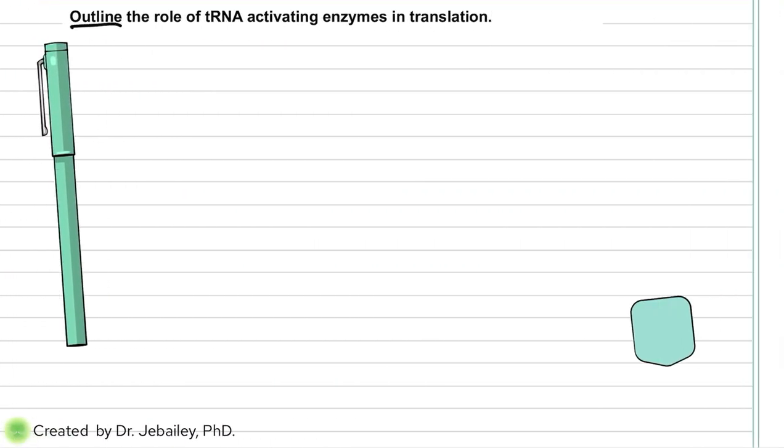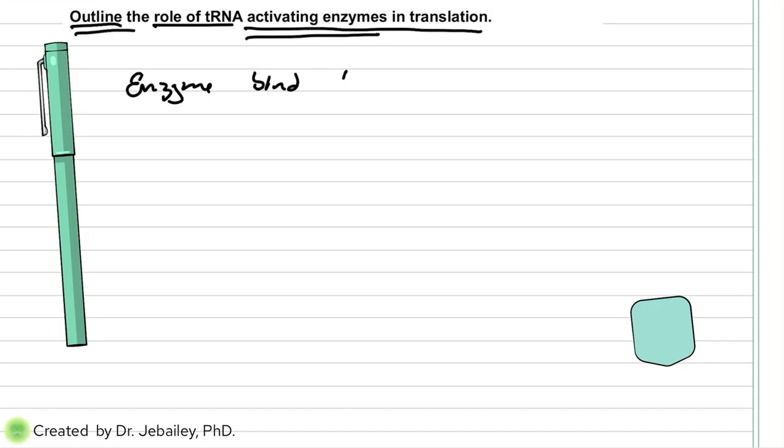Next, outline the role of tRNA activating enzymes in translation. So here they're talking about the enzyme. What enzyme? It is an enzyme that binds tRNA to the amino acid. Now, for it to do this, what does it need? It needs ATP.